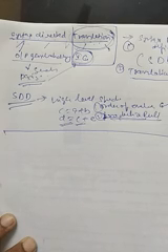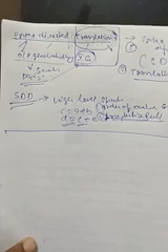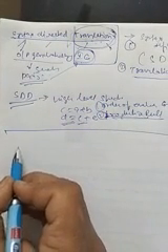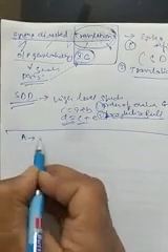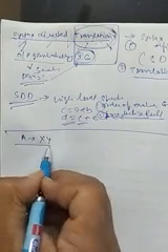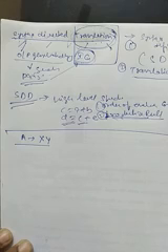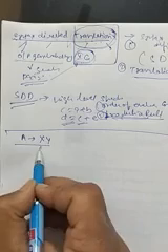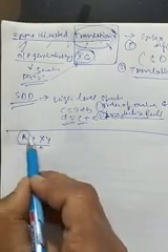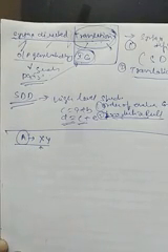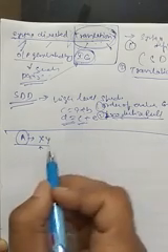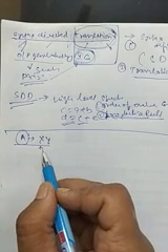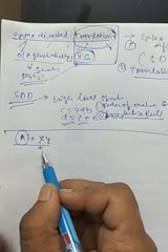Syntax directed definition is nothing but we have to define the syntax. Means we have a grammar like A to XY, then we have to find out what that particular grammar is about: getting the value of XY, the type of XY, or whether it is conditional.